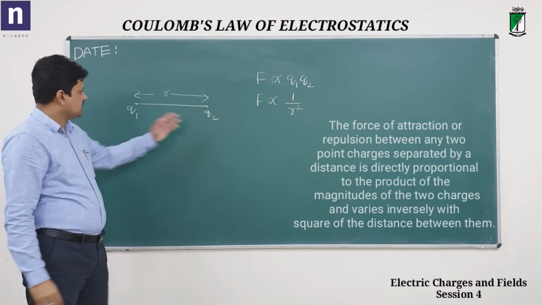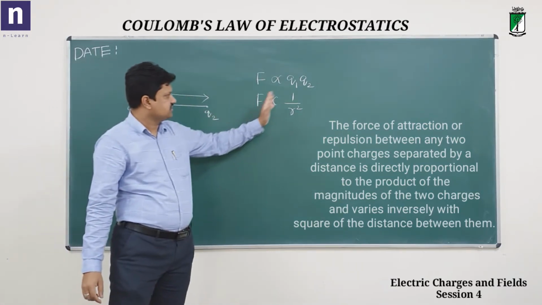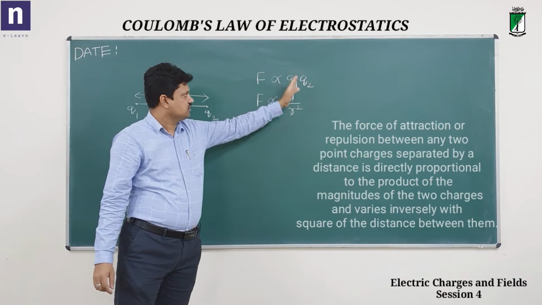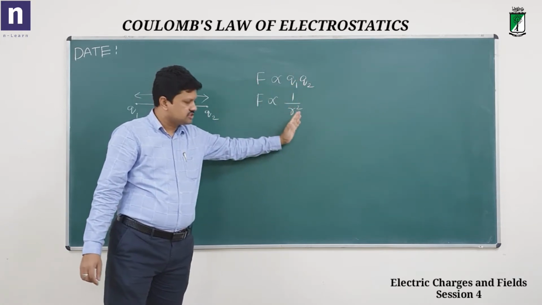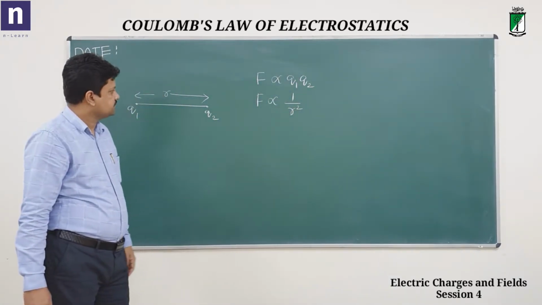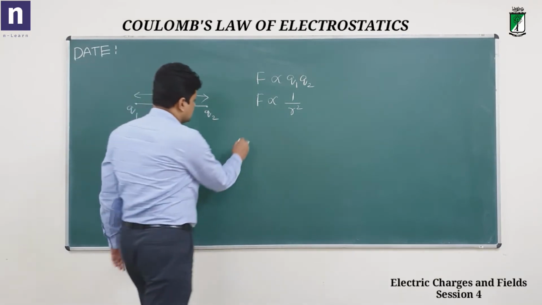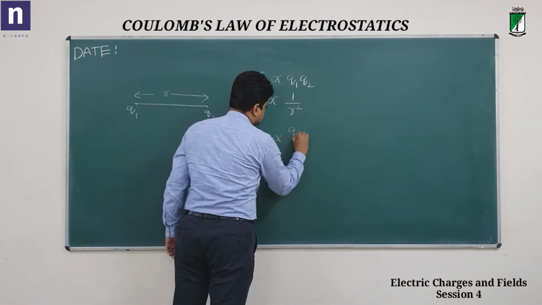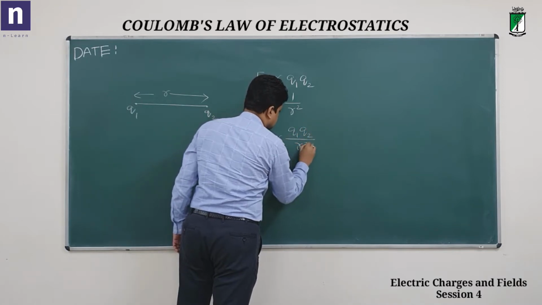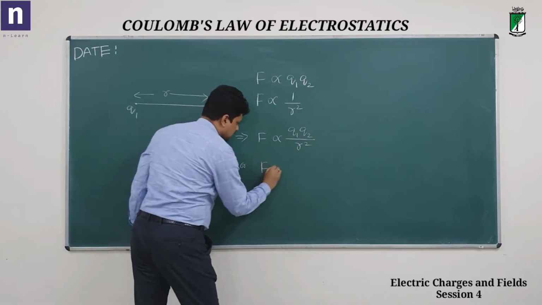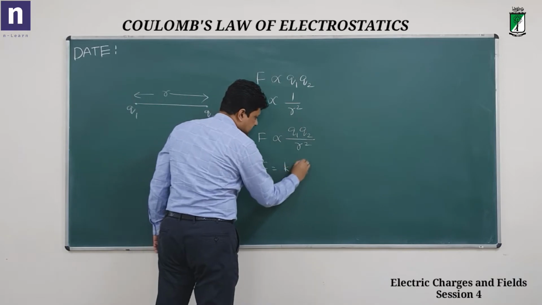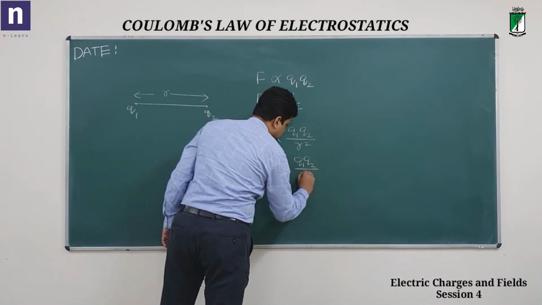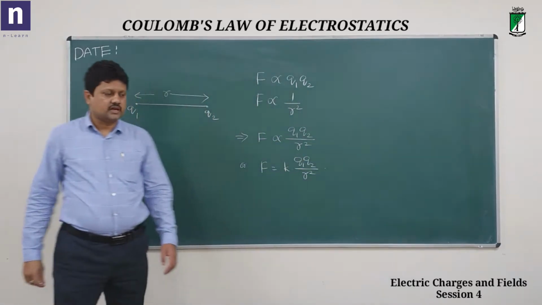So then the force on any of these two charges, F, is proportional to Q1 Q2, and it is inversely proportional to R square. Now combining the two, we get F is proportional to Q1 Q2 by R square, or F is equal to some constant of proportionality into Q1 Q2 by R square.